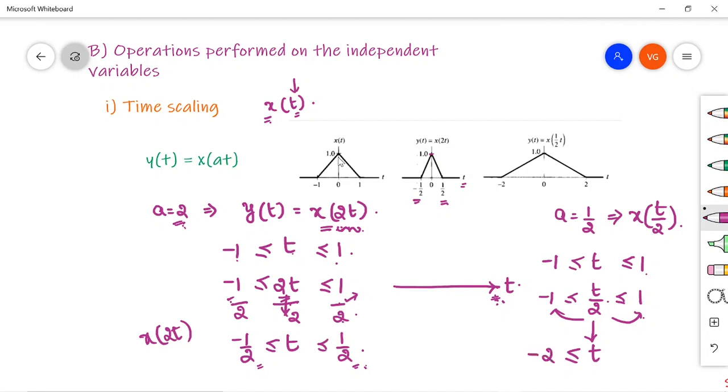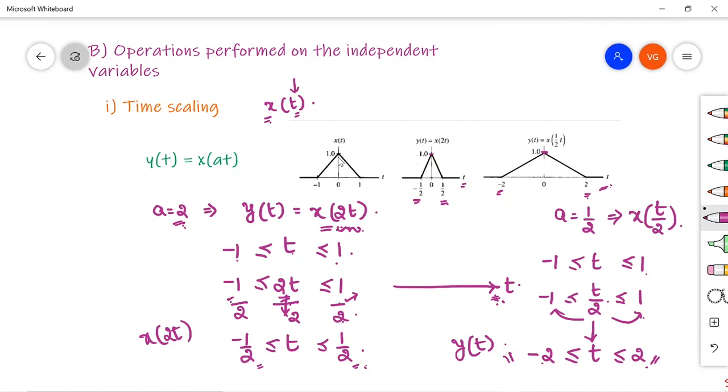I'll get -2 less than or equal to t less than or equal to 2. That is the new limits of my signal y of t, extended from -2 to 2. See here, this is from -2 to 2. Amplitude will not change. Remember, amplitude will not change as I am performing the operation only on the independent variable, which is nothing but t.